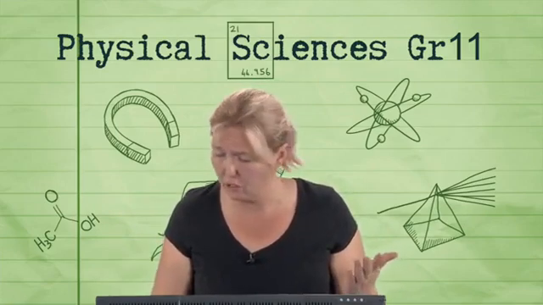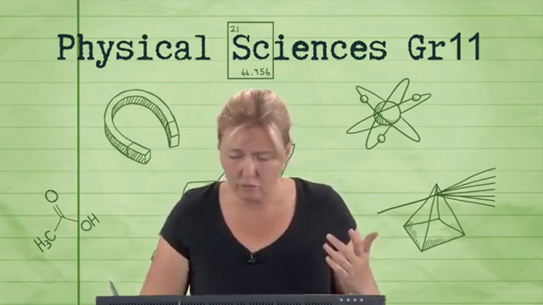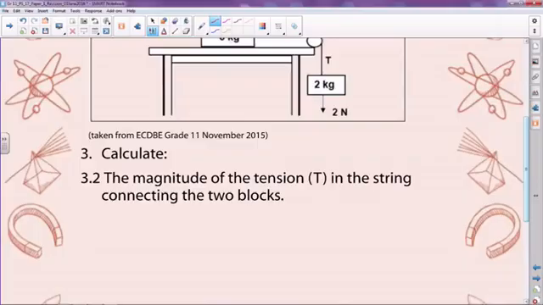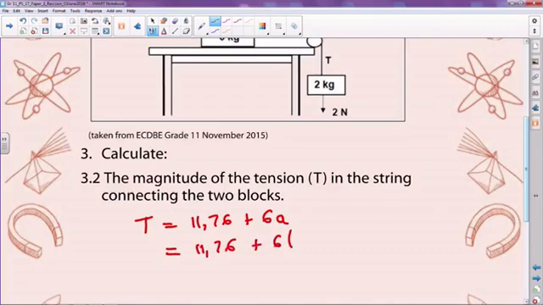So equation 1 is t equals 11.76 plus 6a, I think it was. So it's going to be 11.76 plus 6 times 1.23, and you will get your answer from there in newtons.